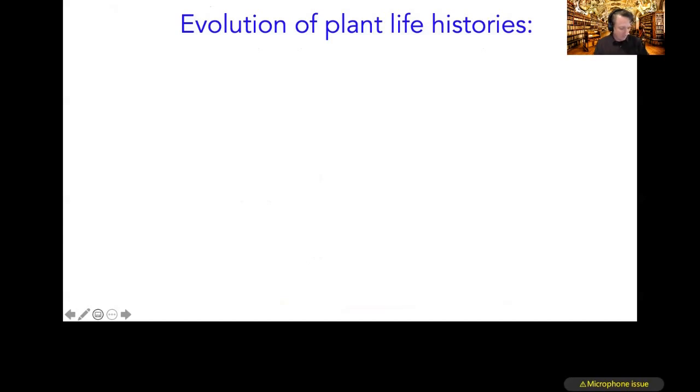So what I would like to end with is how we sort through and talk about the evolution of plant life histories. And this last part is going to be important as well. This is the last important point that I want to emphasize today, because in your essay on the final exam, I'm going to ask you to organize plant life histories and everything that you've learned within this framework.